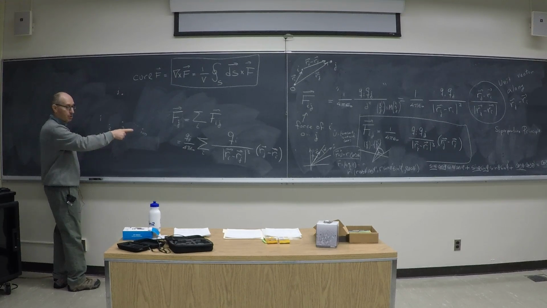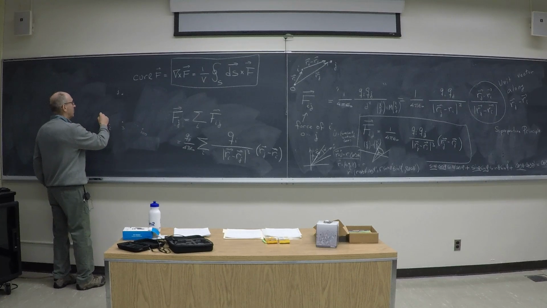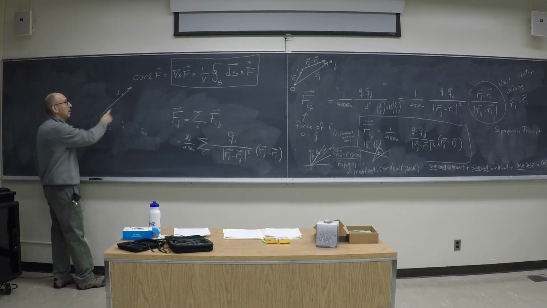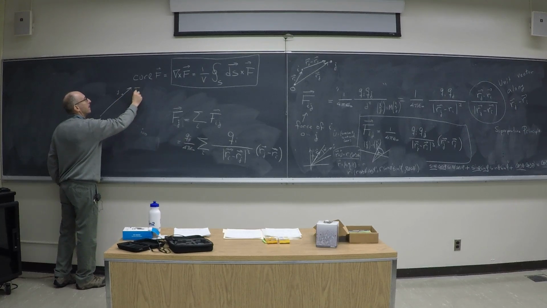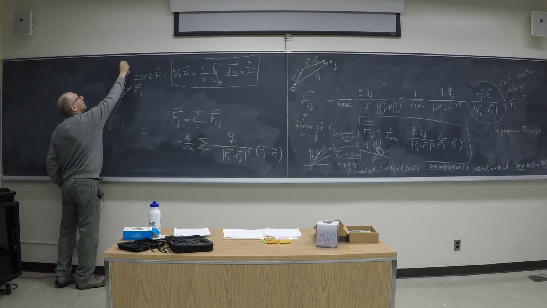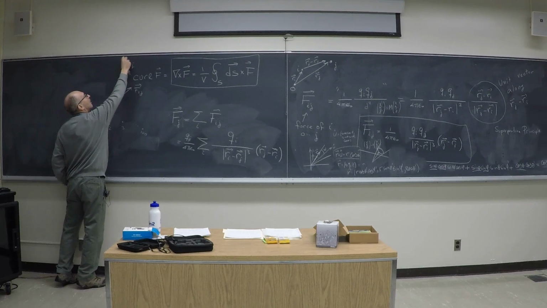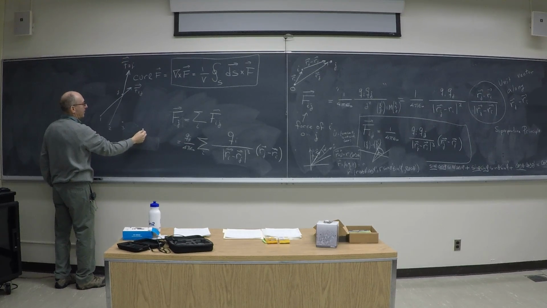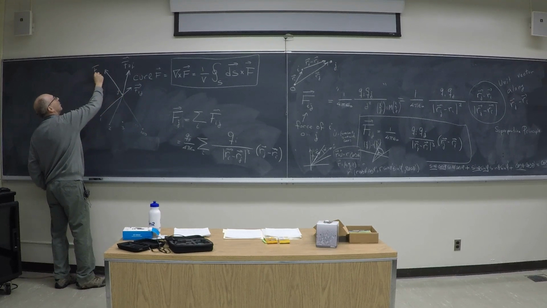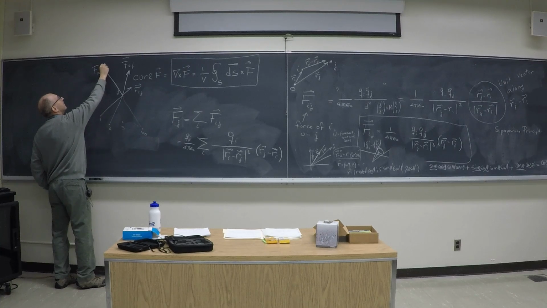This is the picture that corresponds to that sum, so that you have this force here, 1 on j. This would be 2, and then this is 100, 100 on j.